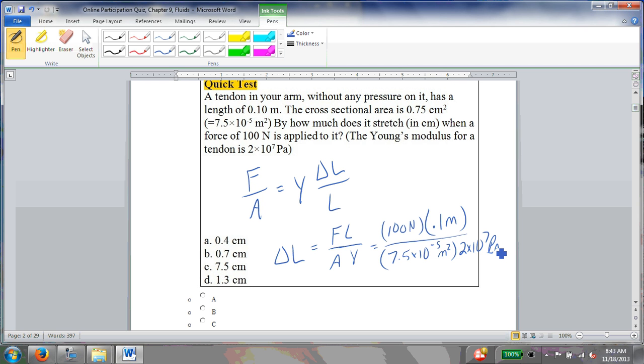I get 0.0067, or just call it 0.007 meters, which is equal to 0.7 centimeters. So the answer is B.